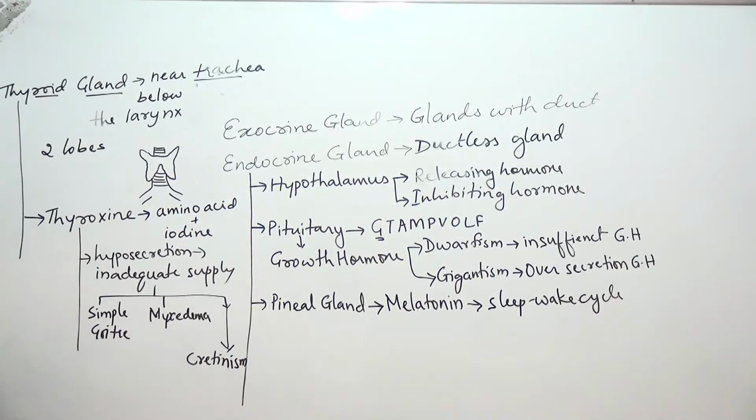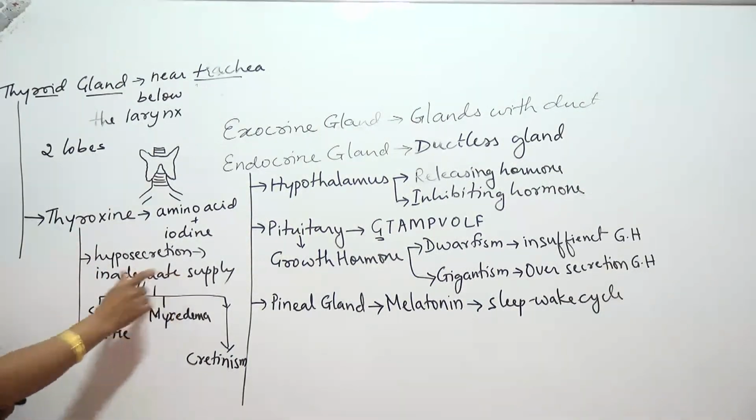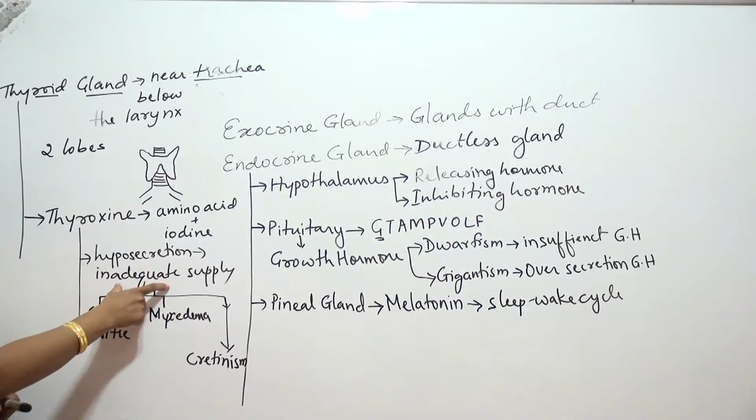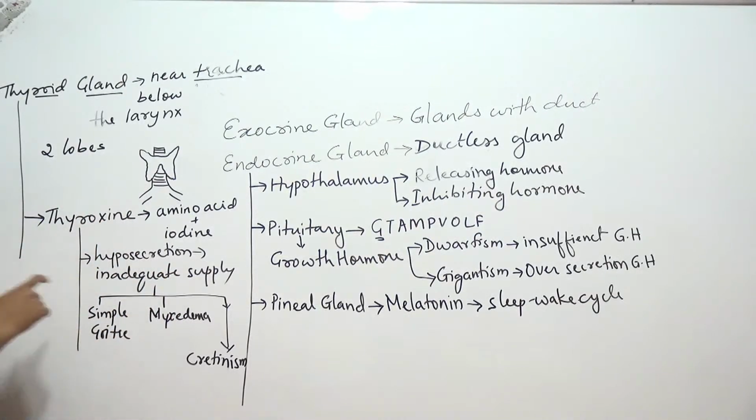Listen very carefully here. Hyposecretion means inadequate supply. Inadequate supply of what? Inadequate supply of thyroxine. It will cause simple goiter, myxedema, or cretinism in human beings.